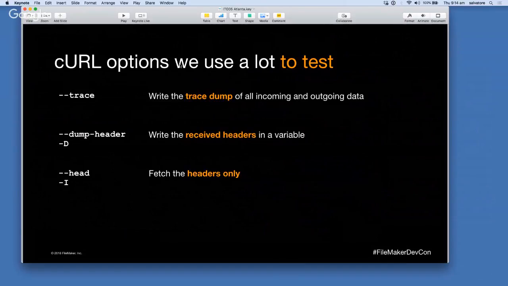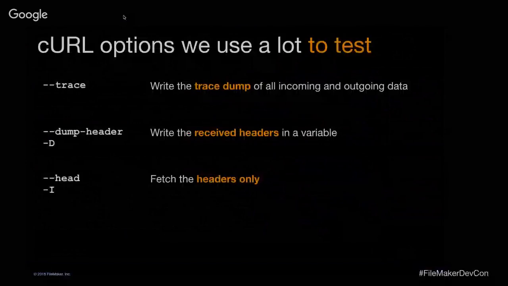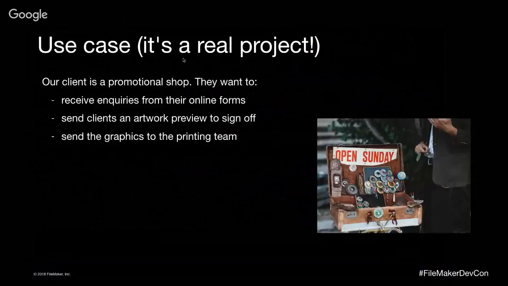So we're gonna have a quick look at one demo. The idea of the demo is this: it's a real client of ours, even if the file is not there, so it's just a test file. What they do is print promotional material, hats, T-shirts, that kind of stuff. They receive inquiries from online forums.